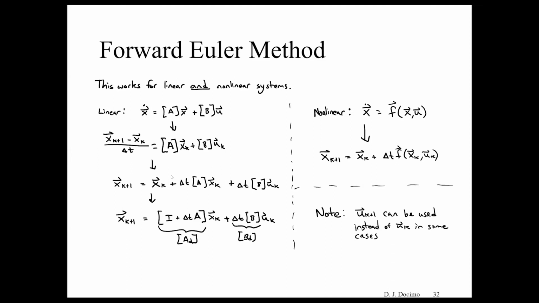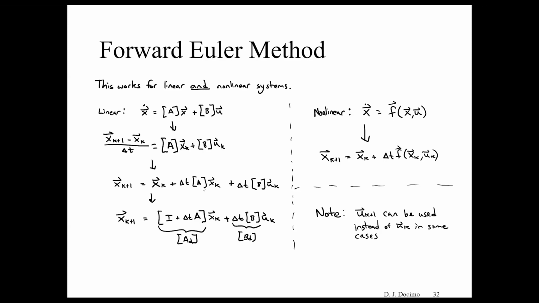So for a linear system, if we have this state space model here for our dynamics, we can just say this part here is approximately equal to that approximation for our first order derivative, where we have k plus 1 and k. These two terms here are evaluated at k, and all we can do is shift stuff over to get x of k plus 1 is equal to x of k plus these same terms multiplied by delta t.